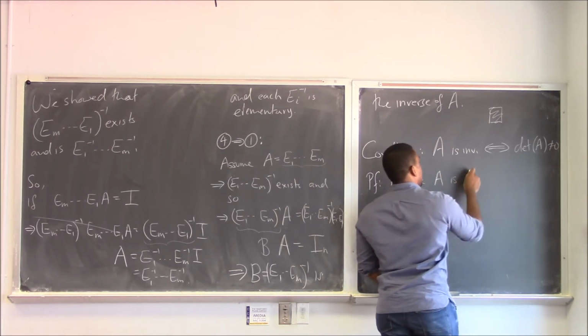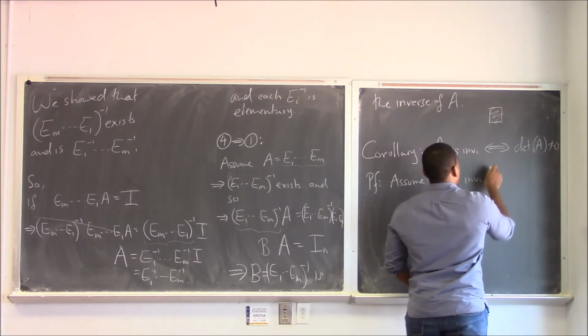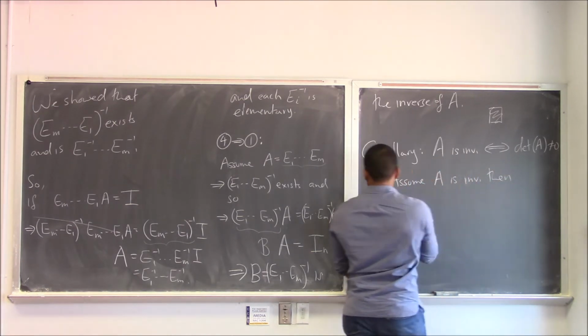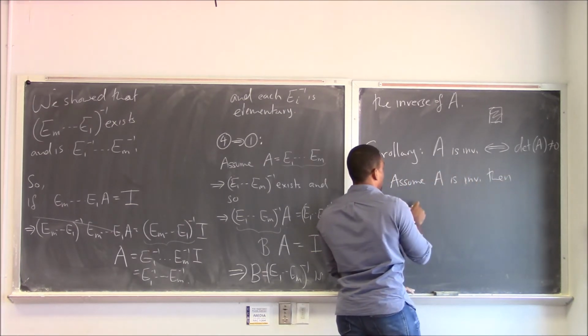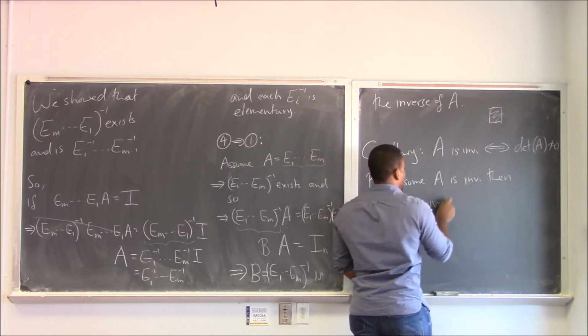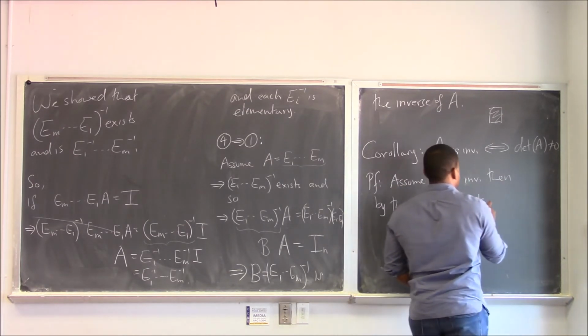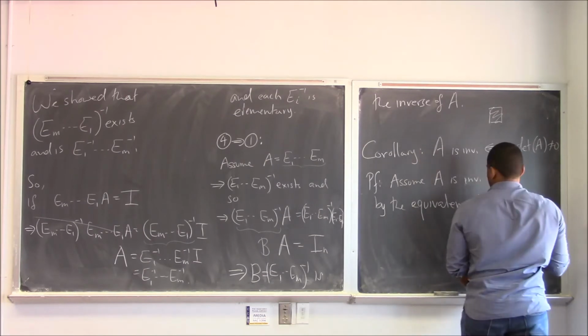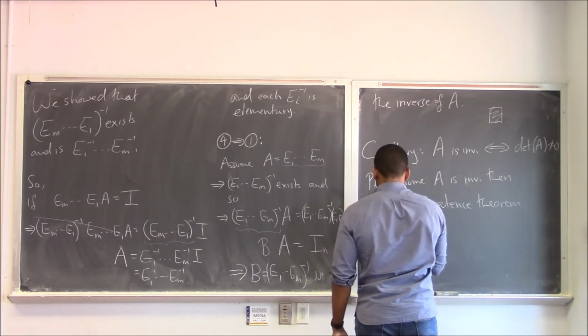Assume A is invertible, then by the equivalence theorem, its reduced row echelon form is the identity.